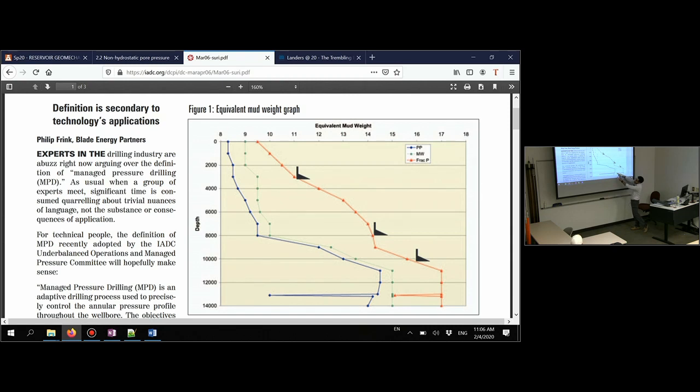Then when we have a depleted formation, the fracture gradient is going to get a lot lower than what it used to be, and that's going to narrow down the drilling mud window quite a bit. And that's going to be very important, and that's something that we're going to calculate later on.